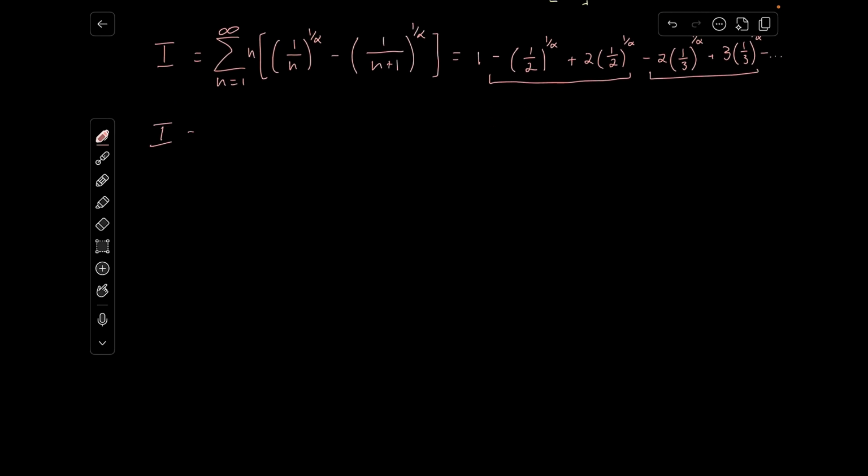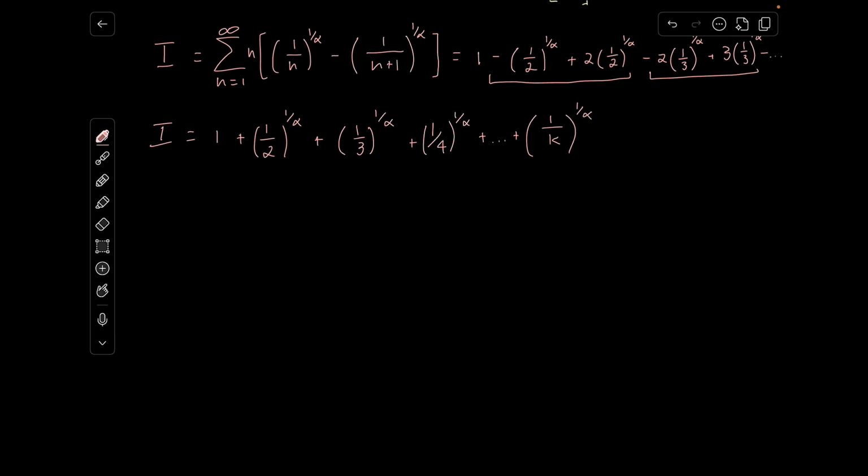You'll get I is equal to 1 minus 1/2 to the 1 over alpha, and sorry, that's plus 1/2, plus 1/3 to the 1 over alpha, plus 1/4 to the 1 over alpha, plus 1 over k to the 1 over alpha.